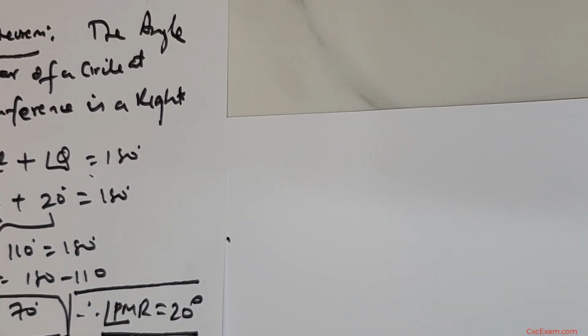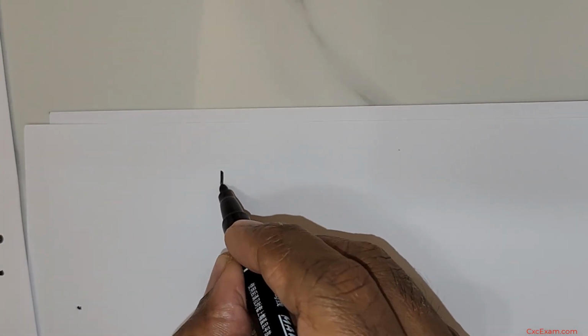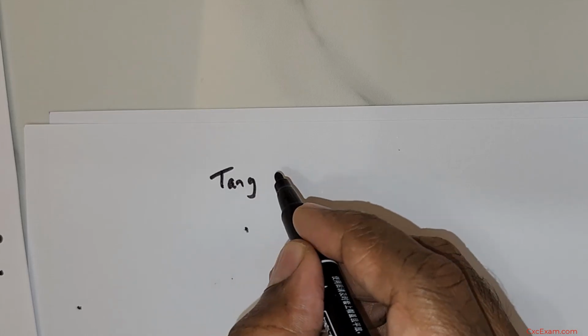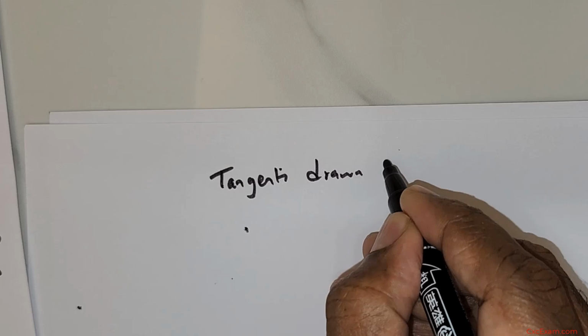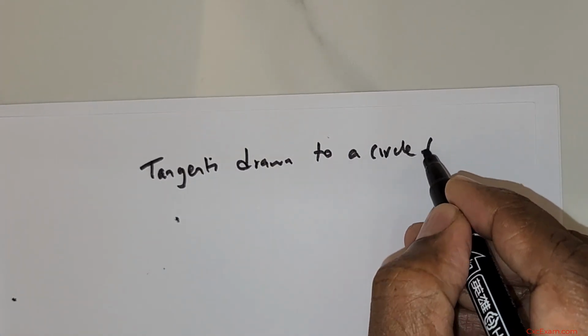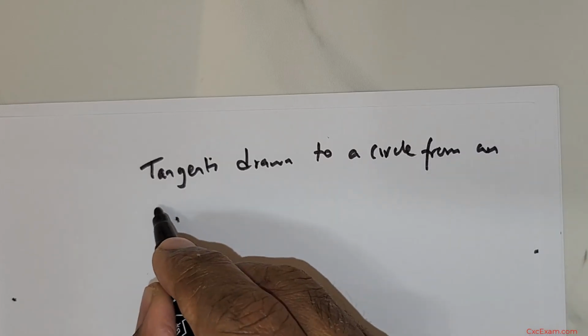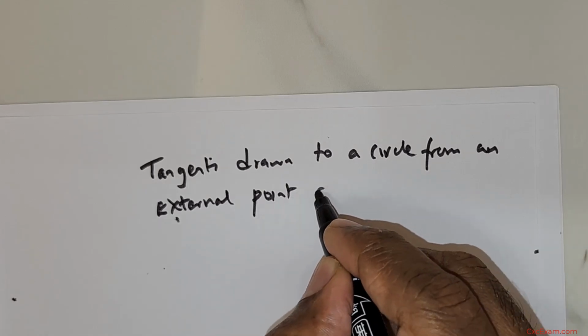This is a very important theorem also. It's called the tangent theorem. Tangents drawn to a circle from an external point are always equal.